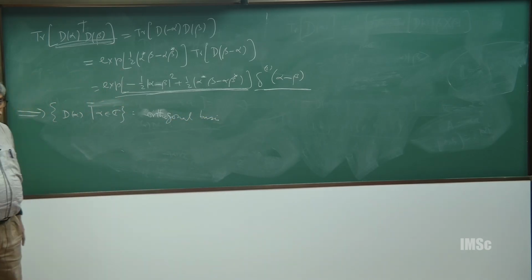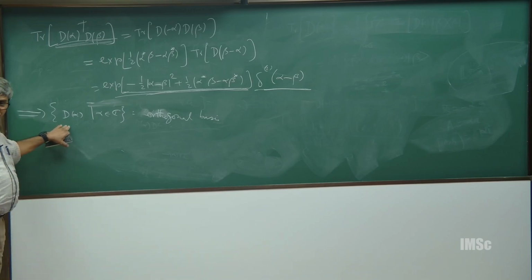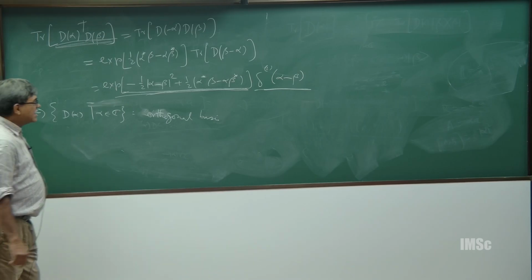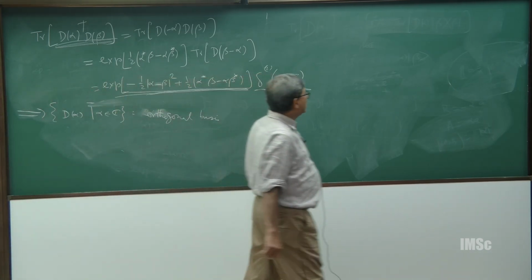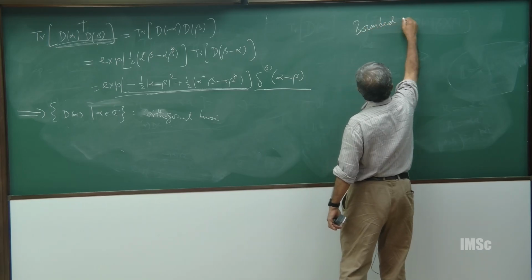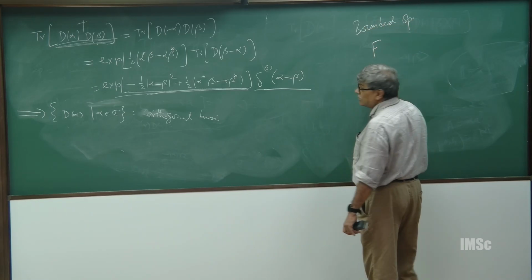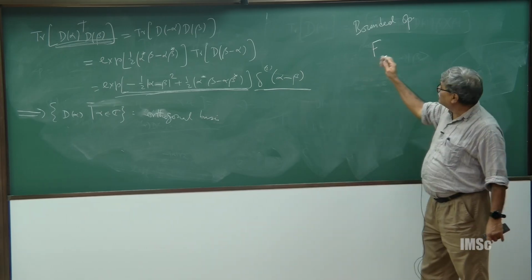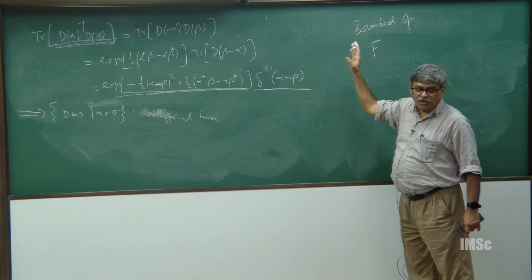If we take alpha equal to beta, then it will be delta of 0. That is okay, that is 1. Delta of 0 you cannot say 1. Infinite. Okay, so this is an orthogonal basis. As a result, I can express any bounded operator F, bounded in the sense that if I take its norm, like the Hilbert-Schmidt norm, it should be finite.